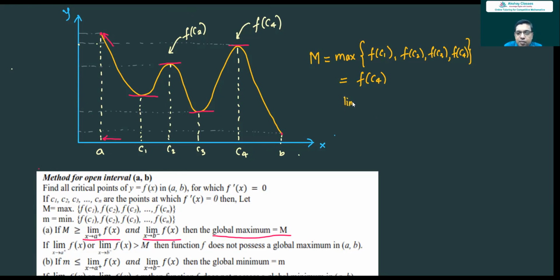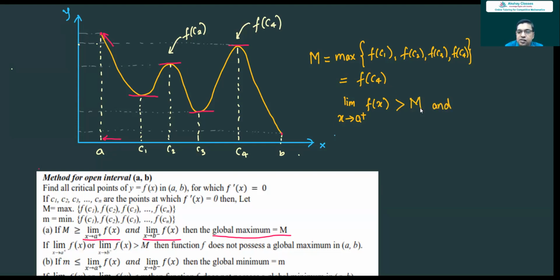Here we find that the limit as x tends to a plus of f of x, this value, is larger than, so naturally it is tending to this value f of a, and that is larger than f of c4.